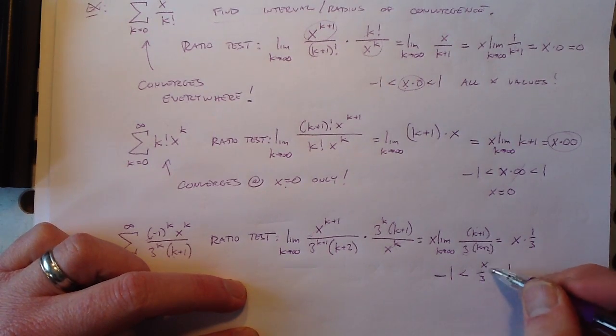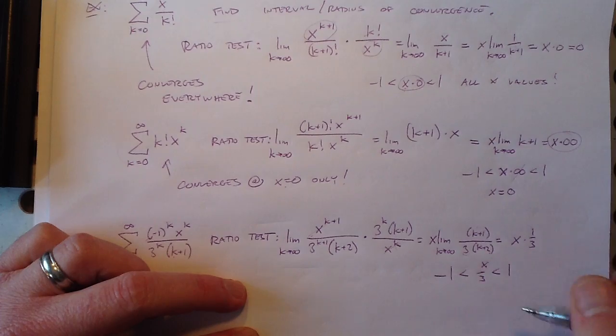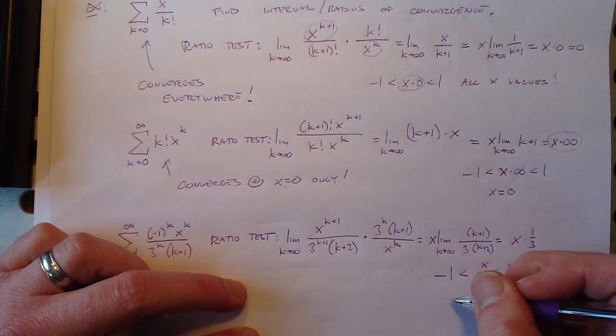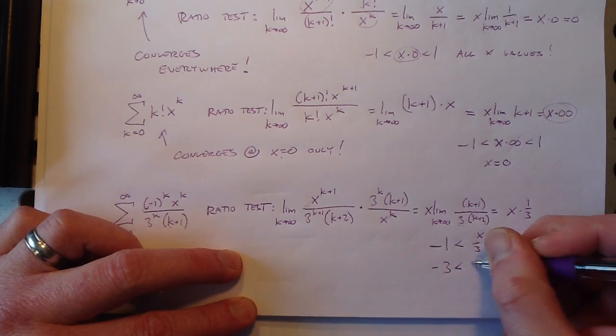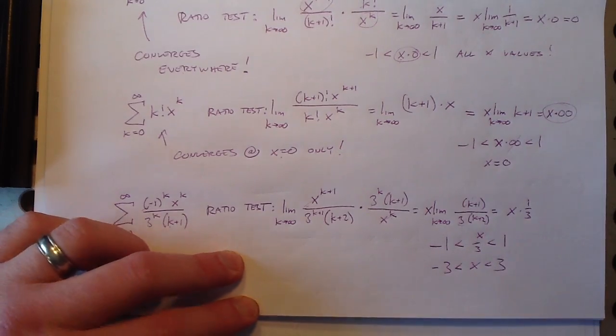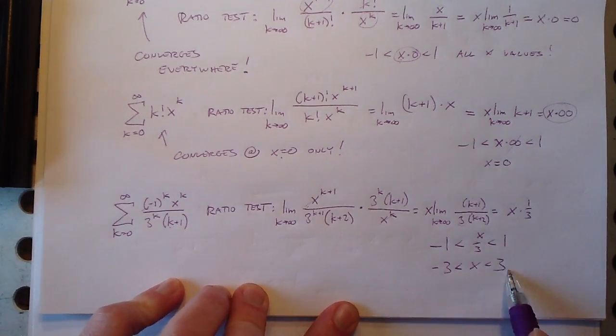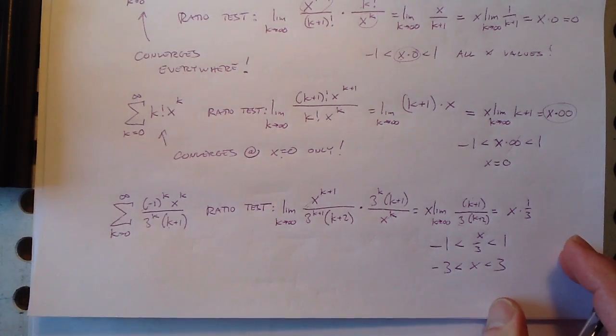And of course I want to know about x, not x over 3, so multiplying through by 3, that gives me -3 to 3. So that's interesting. This has an interval of convergence from -3 to 3. But we have to check the endpoints.